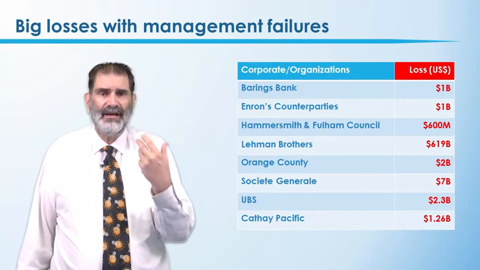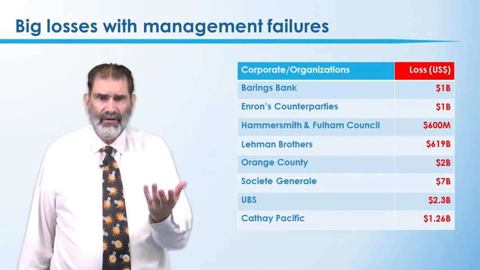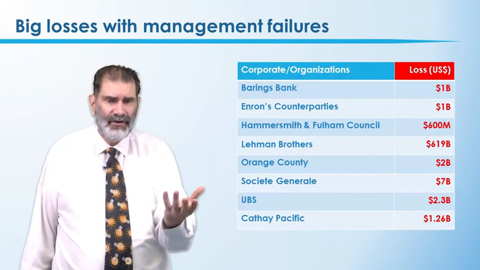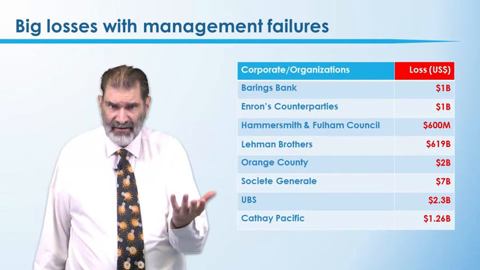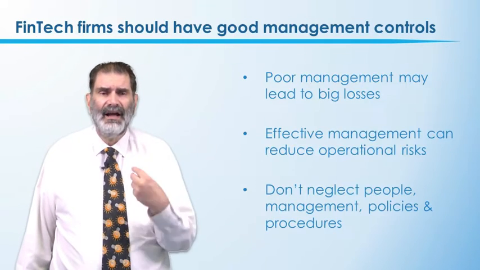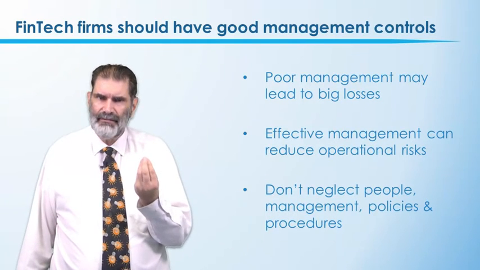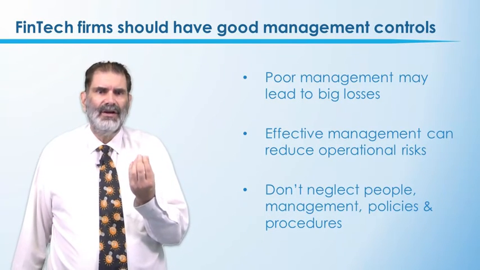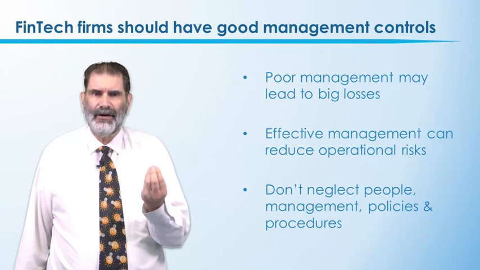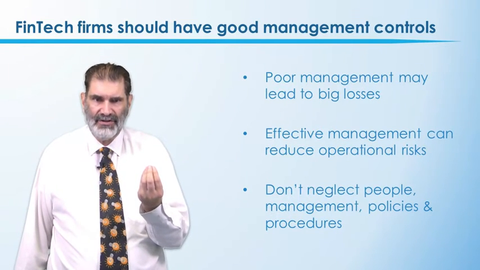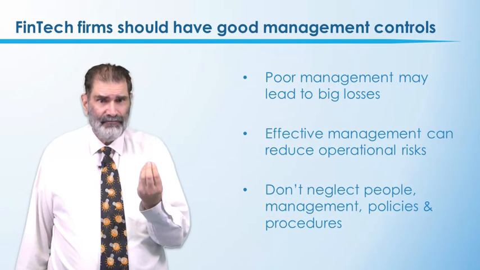This is a concern. And more banks and other firms in the finance area, including fintech firms, have to recognize that if you do not have good management controls in place, you are opening yourself up to huge failure and huge losses. And that is unacceptable.